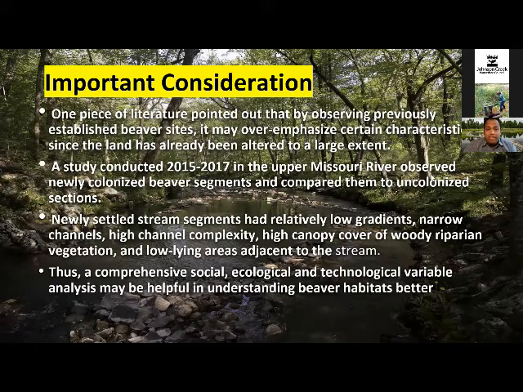Between 2015 and 2017, a study on the Upper Missouri River observed newly colonized beaver segments and compared them to uncolonized sections. In another study, we can see that stream segments had relatively low gradients, also narrow channels, high channel complexity, high canopy cover, and low-lying areas that were adjacent to the stream.